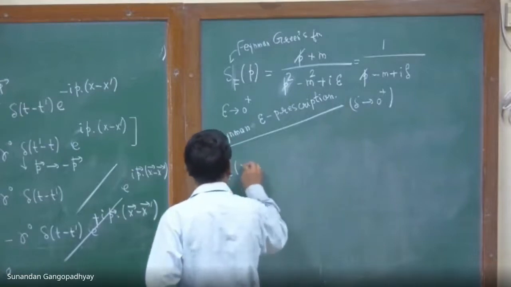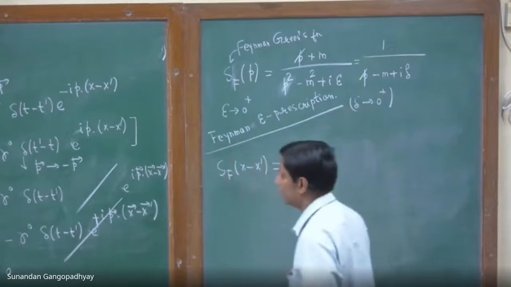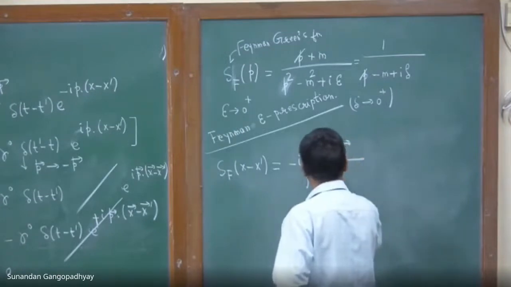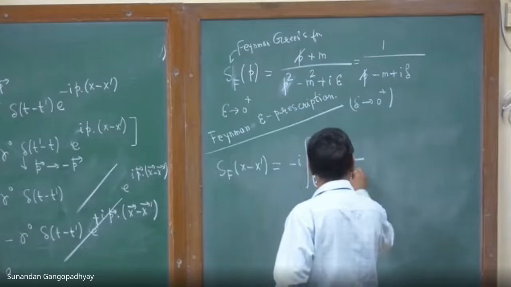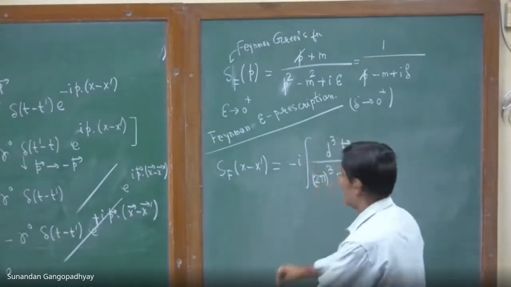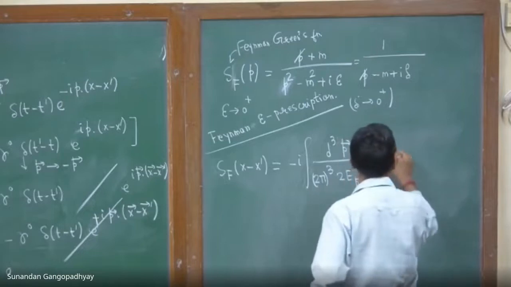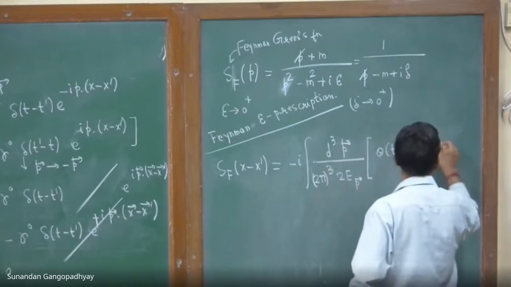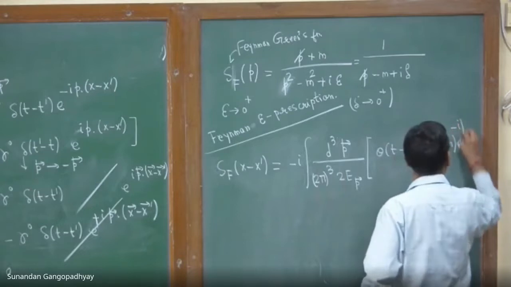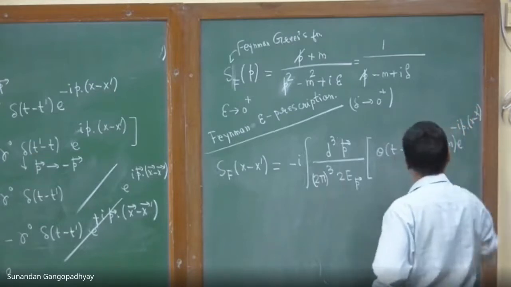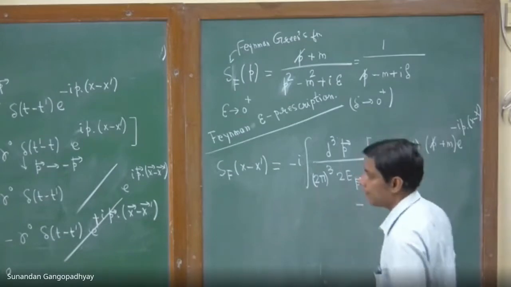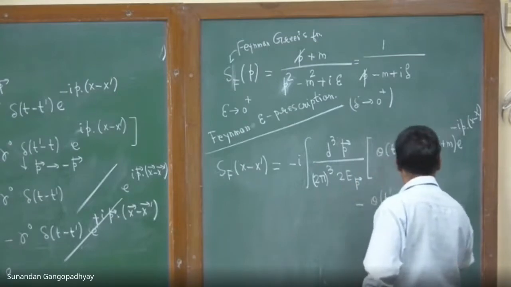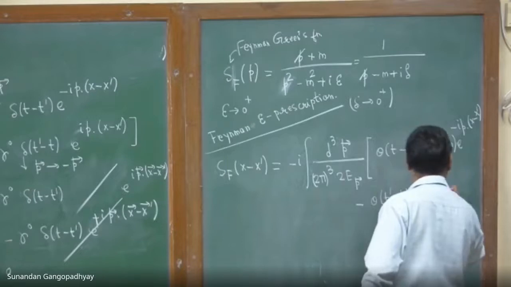S_F(x minus x prime) is equal to minus I, equal to, 2 q, t, t minus t prime, t slash plus n, this, minus, minus t t slash minus f.